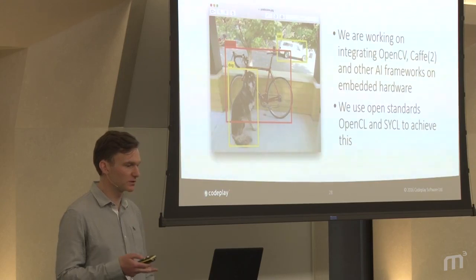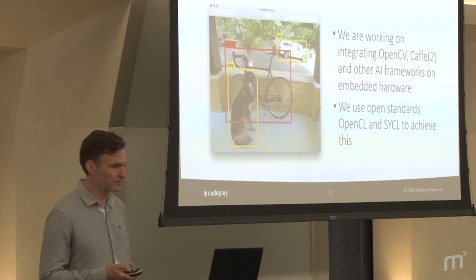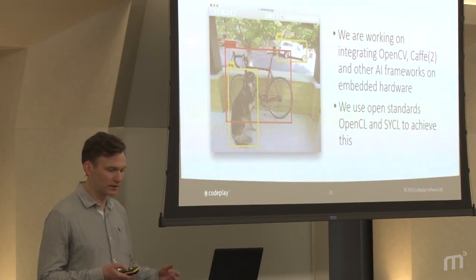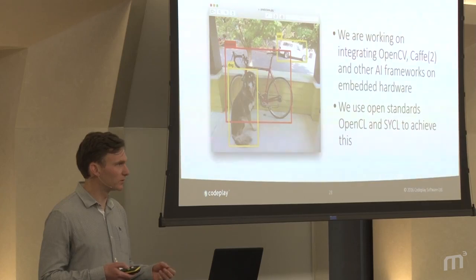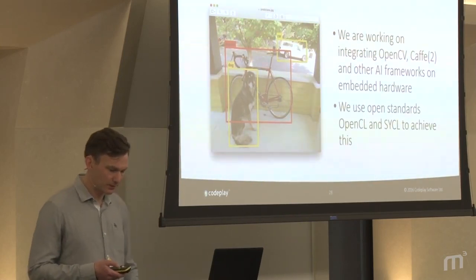We're working to integrate with OpenCV, which some of you may or may not have heard of. It's a vision library, which has recently added a neural networks part with the latest release. And we also continue to use open standards, OpenCL and SYCL, to achieve these things.